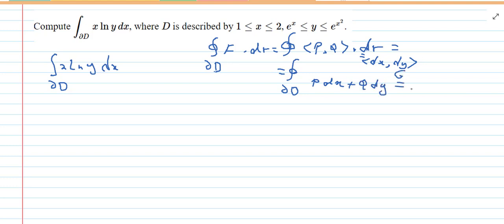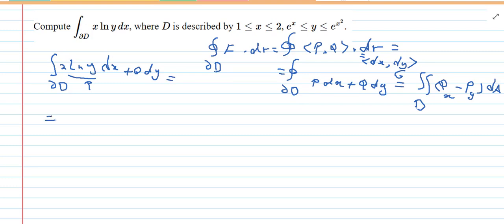And the Green Theorem says this will be equal to the double integral over region D of the derivative of Q over x minus the derivative of P over y, dA. dA is dx times dy. So here we have P dx, and Q actually is 0. So in this formula, P is x ln y, and Q is 0.